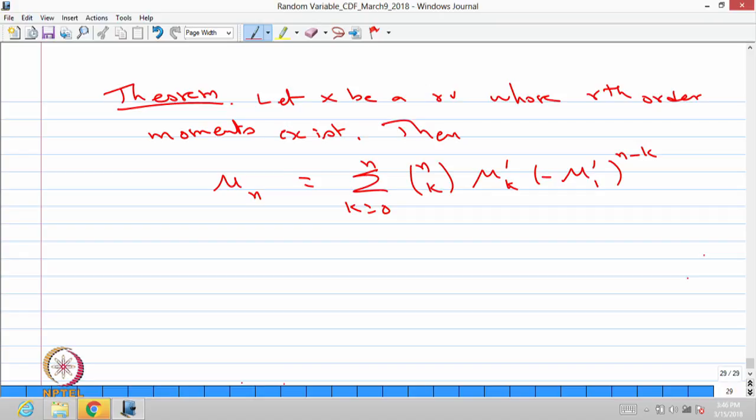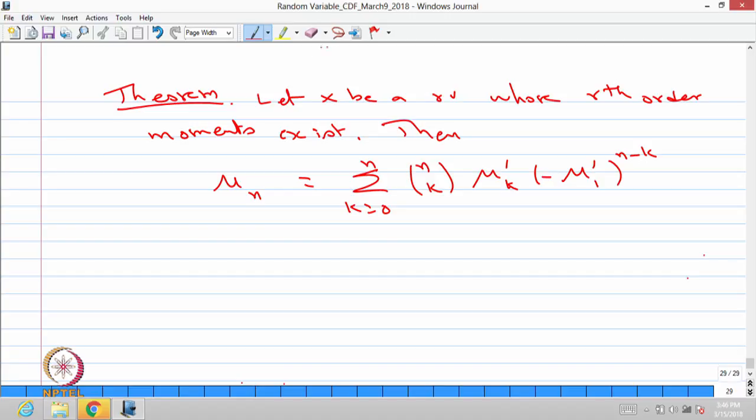This can be proved whenever the nth order moment exists, then one can write the nth order moment about the mean is same as a function of all the previous order moments about the origin.